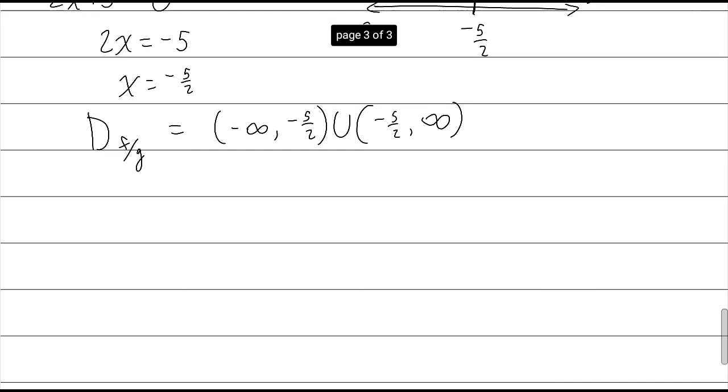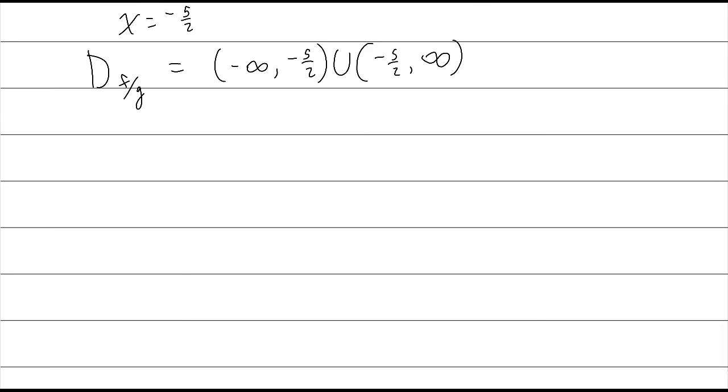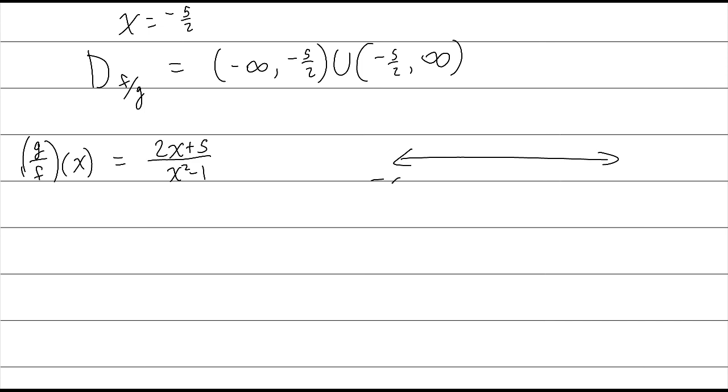What about g over f? Last one here, g over f. Okay, so just like before, the domain is going to be all the real numbers except any restriction that results from putting x squared minus 1 in the denominator. So I need to solve x squared minus 1 equal to 0 to figure out what my restrictions would be.